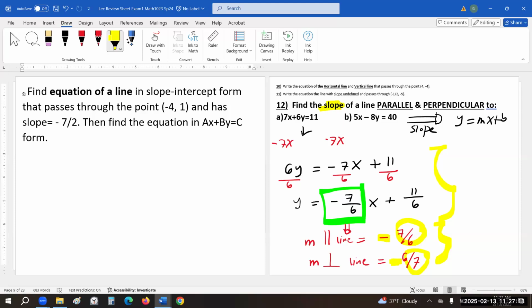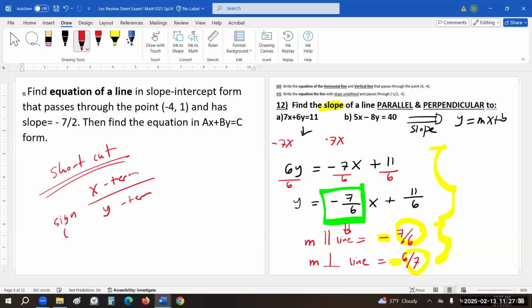It's the shortcut. Since you're solving for y, it should be x term over y term, and then sign change.